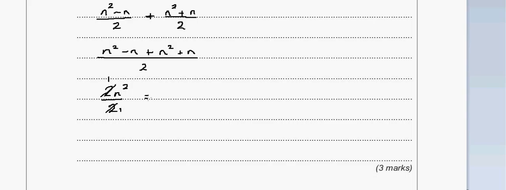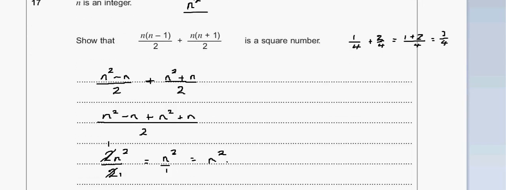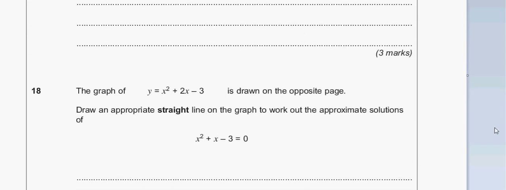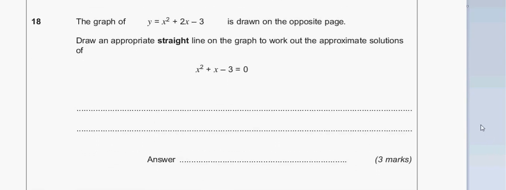So I'm left with n squared over 1, and n squared over 1 is n squared. So there you go. We've shown that n is a square number if we put it in that form. Nice and simple. It looks horrible, but it is nice and simple.